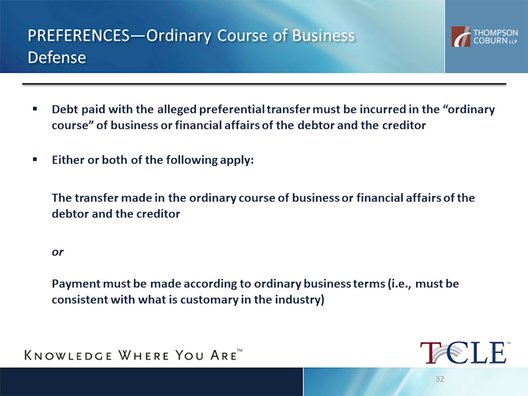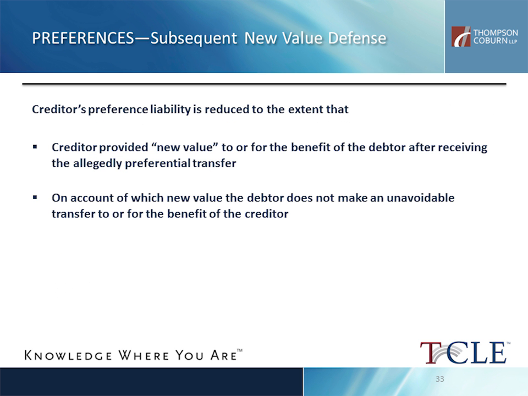Another important defense for trade creditors is the subsequent new value defense. What this defense enables a trade creditor that has received a payment that meets the elements of a preference to do is to reduce its potential preference exposure dollar for dollar by any what is referred to as new value that is subsequently supplied to that customer after you've received this payment that is being challenged as a preference.